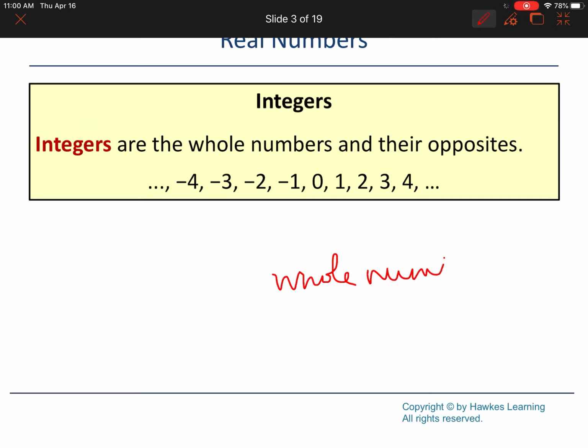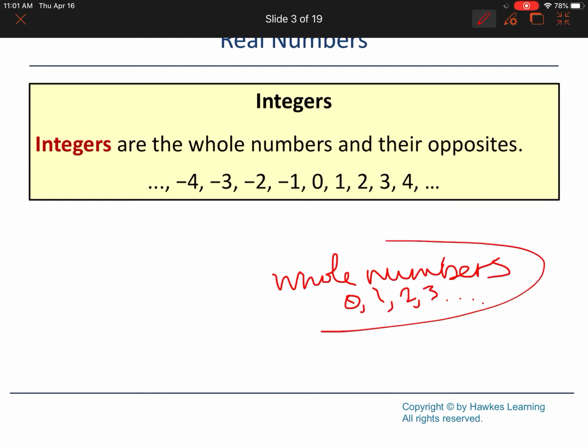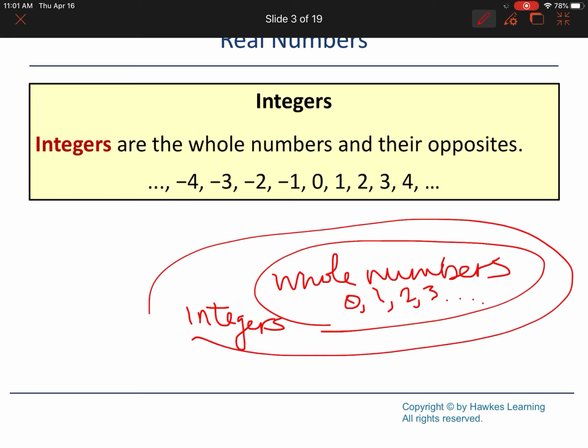We have the set of whole numbers. Right? And if we include the negatives, those are the integers. But integers include all the whole numbers plus the negatives.